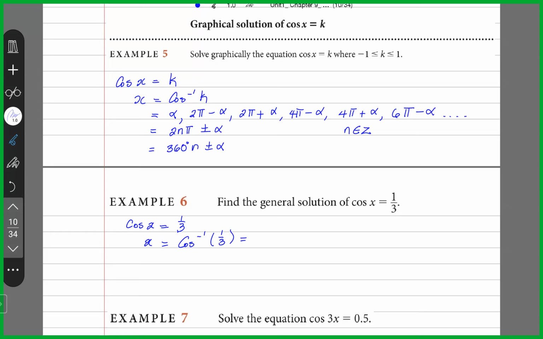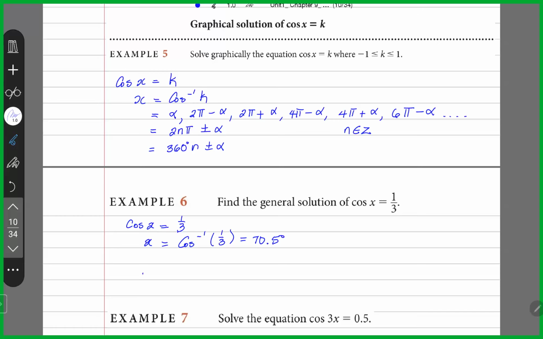Let me just put that in my calculator. Cos inverse of 1/3 says 70.5 degrees. So my reference angle is 70.5 degrees.